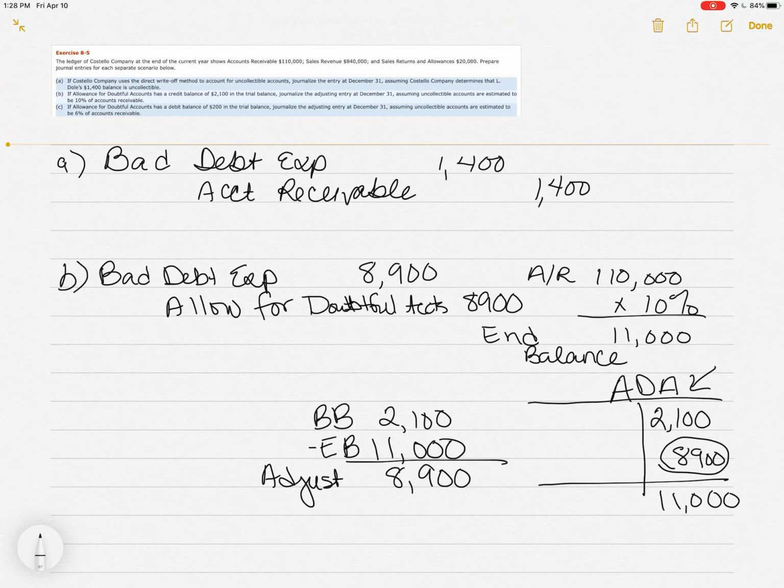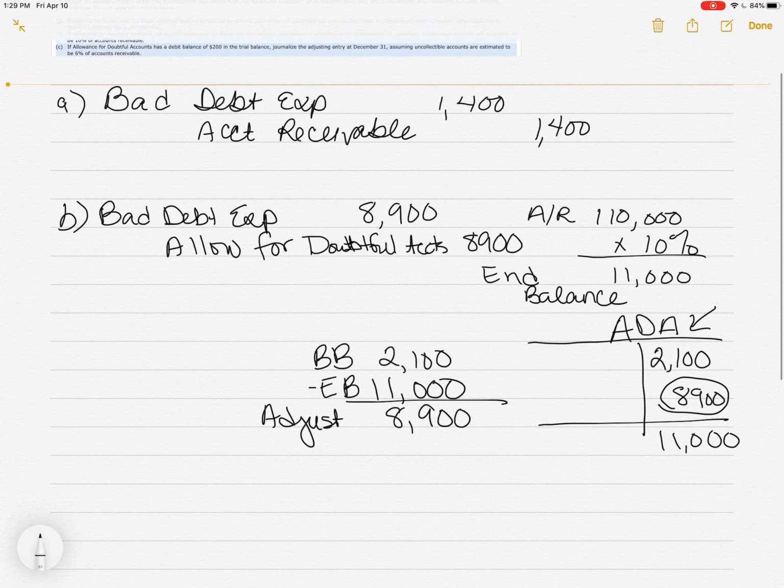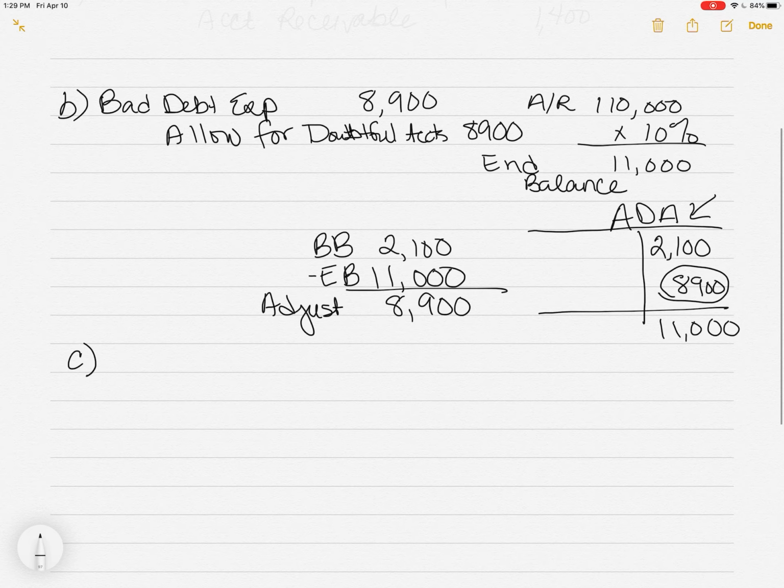And finally, that last one, it says, if our allowance for doubtful accounts had a debit balance of $200, then what would that adjusting journal entry be? Well, it is possible to have that debit balance of $200. It just means that we didn't guess the right amount last year.